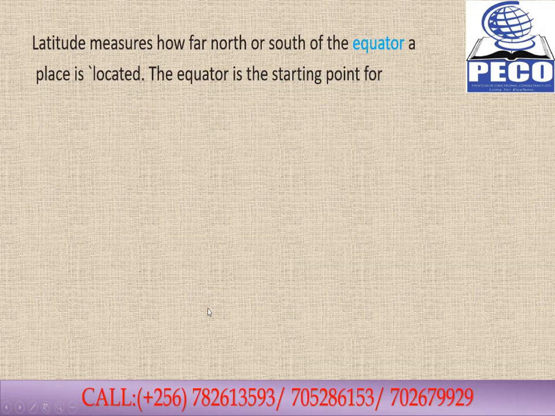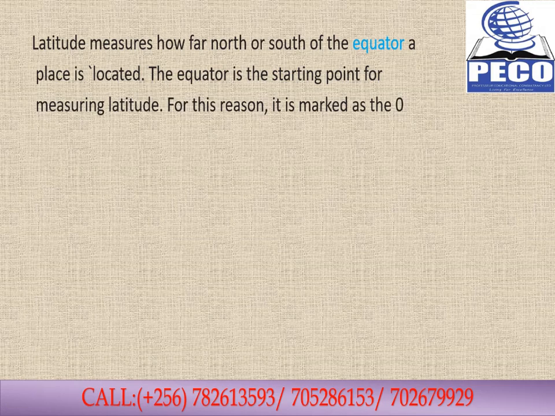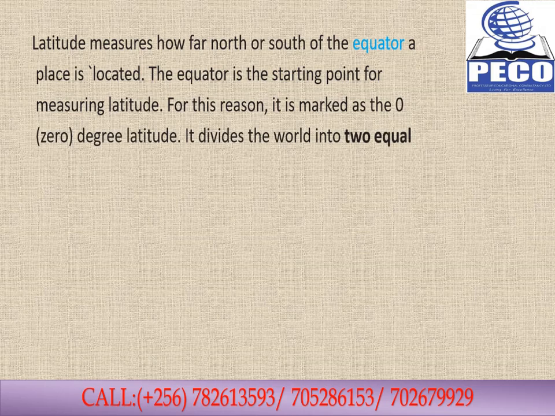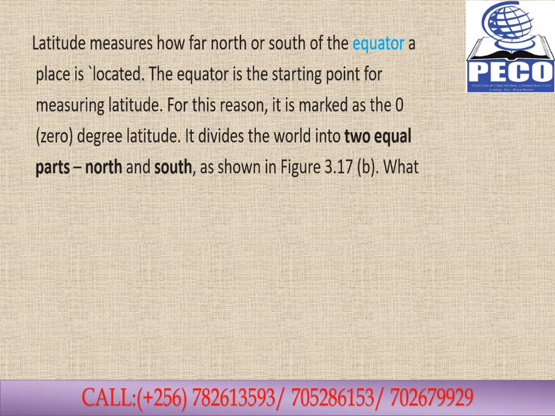And the equator is the starting point while measuring latitudes. For this reason, it is marked 0 degrees, and it is dividing the world into 2 parts: the northern part and the southern part, like we've seen in figure 317b.